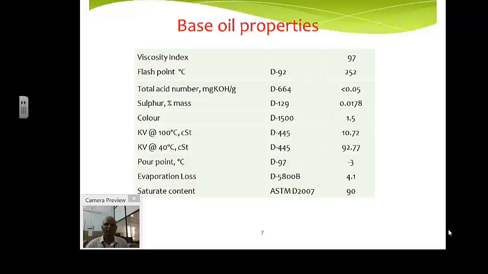It is the amount of potassium hydroxide added in order to neutralize the lubricant, so it should be less than 0.05. And the variation of viscosity with respect to temperature should be low, and the evaporation loss as well as the saturate content.